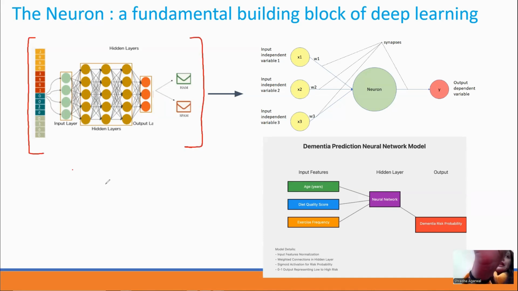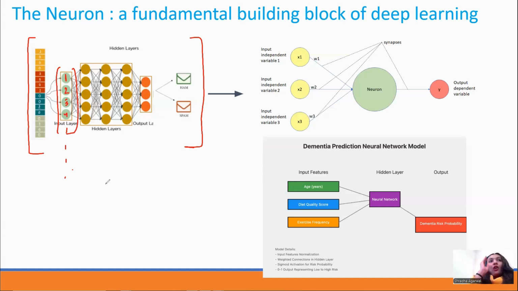Inside the neural network, of course, it is made up of several neurons, but let's understand step by step. Inside the neural network, you have the input layer, where you have different independent features, 1, 2, 3, 4, and like this, you can have several independent features.